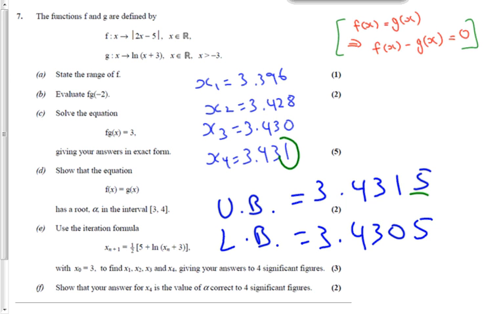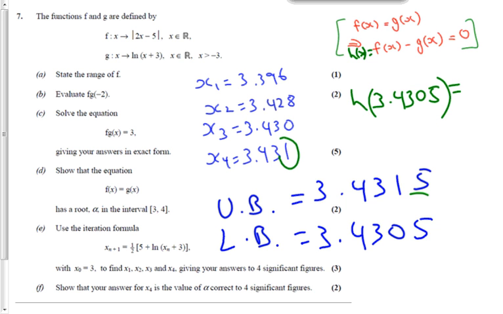And from here, what you should do is plug it into h of x again. I said h of x is equal to that, and I should get a change of sign. So let's do that. h of, let's say, start of the lower bound, 3.4305, and I tap that into my calculator.